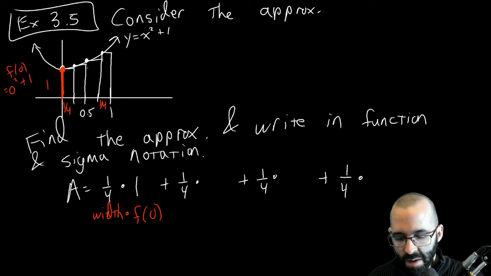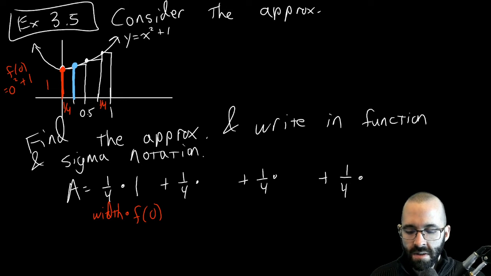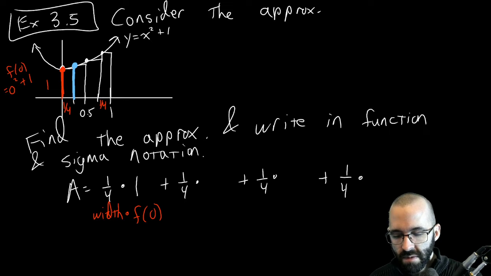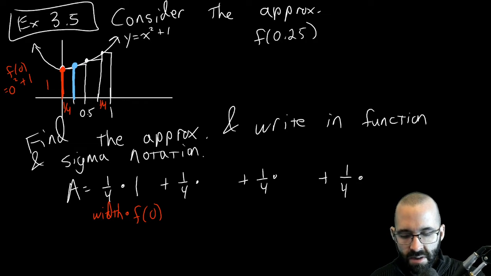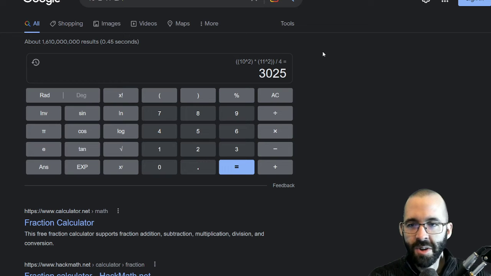Let's have the next one be blue. What is this blue distance? Well, it's just the height of the function at 0.25. We're going to say, all right, what's the function value at 0.25? Square it and add 1. It's going to be 0.0625 plus 1, I think. Square 1/4 and add 1.